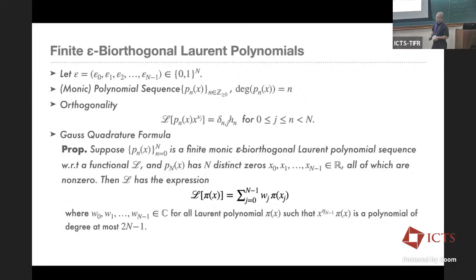And also, in order to introduce the finite version of this system, we fix n, the length of the binary sequence should be restricted by n, and then the orthogonality relation is also slightly diminished. The range should be restricted. And in this case, the corresponding linear functional is also written in this way.